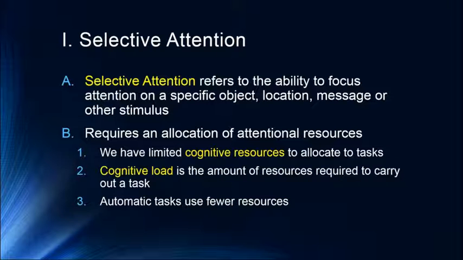This requires an allocation of attentional resources. We have limited cognitive resources to allocate to a task, and our cognitive load is the amount of resources required to carry out a task. We know, of course, that automatic tasks use fewer resources, so the better we get at a task, the more we've done it, the fewer attentional resources they require, but they still require attentional resources.